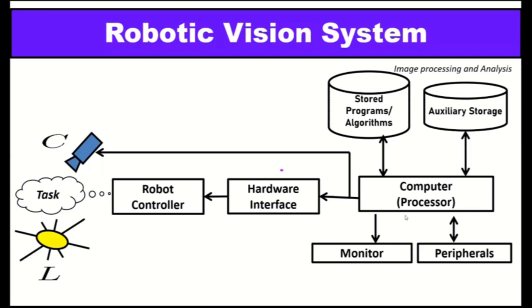At the console or workstation, there are monitors showing the resultant visual information, so a human operator can monitor through that. Main blocks here are the robot controller, the task environment, the camera, the illumination, hardware interfacing, computer processor, monitor and peripherals, and storage units.